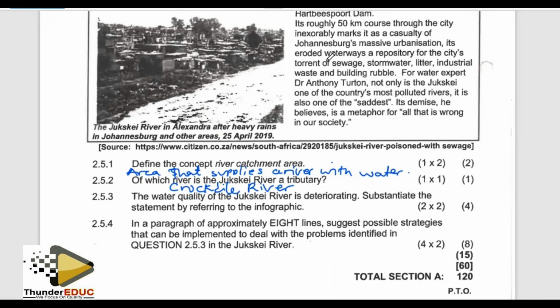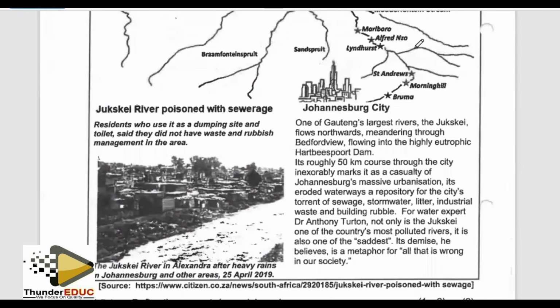2.5.3. The water quality of Jaskai River is deteriorating. Substantiate the statement by referring to the infographic. Why is it deteriorating? Let's check here. One of Gauteng's largest rivers, the Jaskai, flows northwards, meandering through bed flowing into Hartbeespoort Dam. Its roughly 50 kilometer course through the city inexorably marks it as a casualty of Johannesburg's massive urbanization.